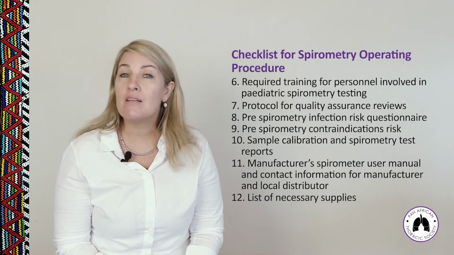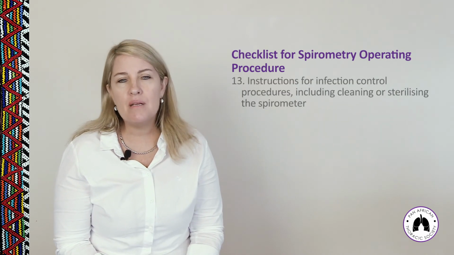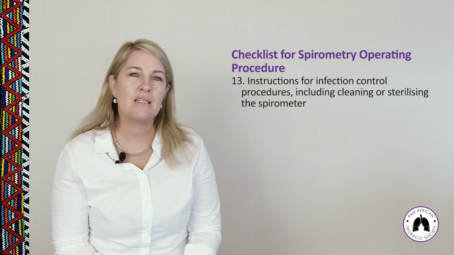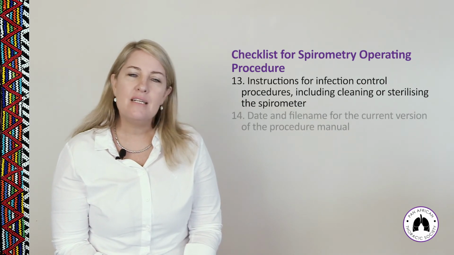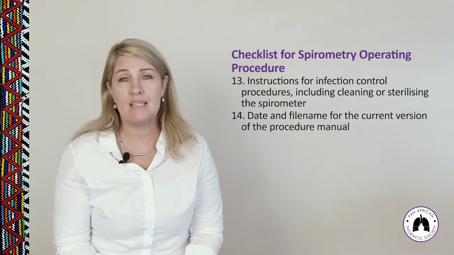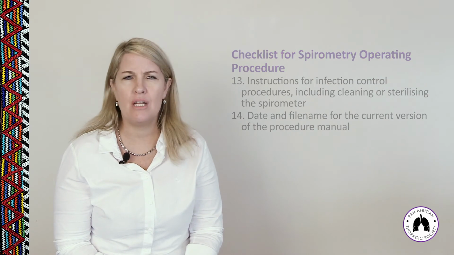You need to have a list of necessary supplies and where you would get those from. There could be instructions for infection control procedures, including cleaning and sterilizing the spirometer. The date and file name for the current version of the procedure manual should be clearly indicated, and updates should also be looked at from time to time, usually annually.